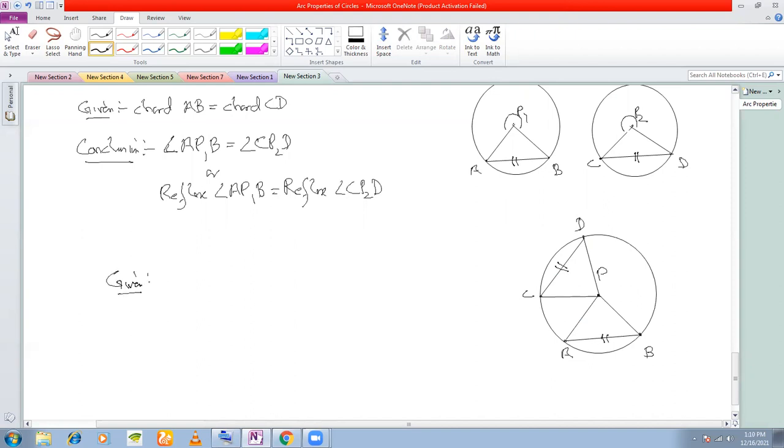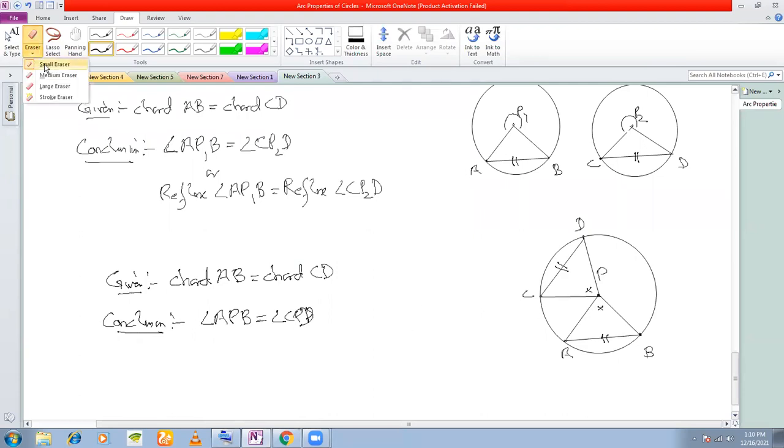So given chord AB is equal to chord CD, then your conclusion is that the angle subtended by these two chords at the center, that is angle APB, must be equal to angle CPD. Okay, so these two angles must be equal.